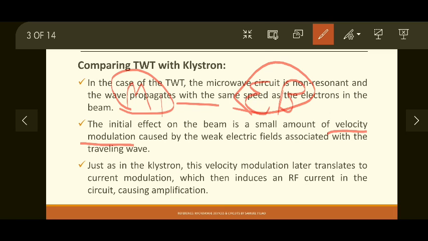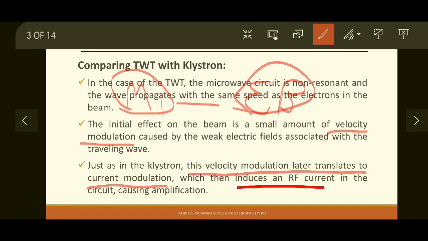Just as in klystron, this velocity modulation later translates into current modulation. How? Because this electric field accelerates or decelerates electrons, and that means their kinetic energies will be changed, which will be transformed into the RF current.